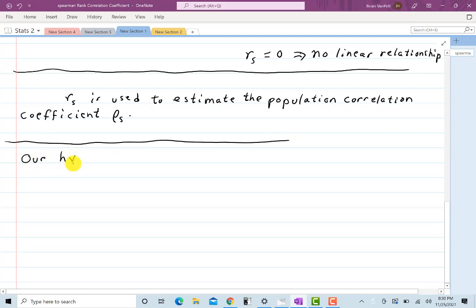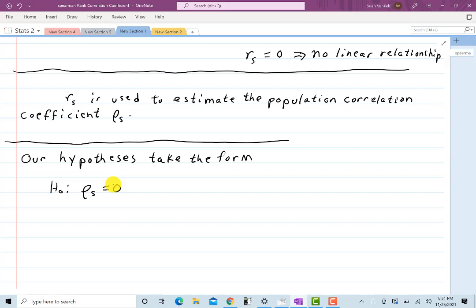Our hypotheses take the form, you'll have h sub 0, we'll say rho sub s equals 0. That means there's no linear relationship between the x and y variables for the population of x and y's. And h sub a means that rho sub s does not equal 0. That means there is going to be some sort of a linear relationship between the variables x and y.